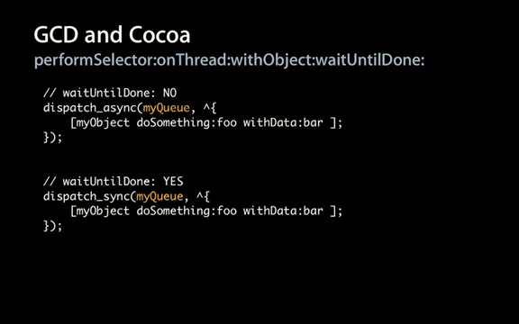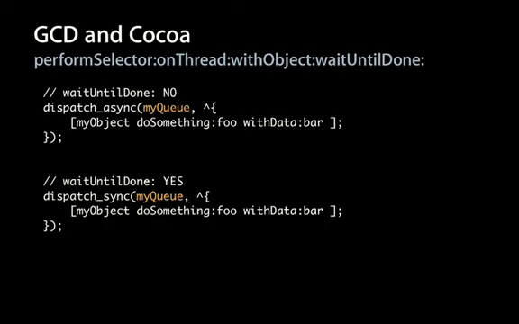So in the past, you likely had to define your own selector to work in combination with perform selector, and you probably had to take multiple arguments and put them all into an NSDictionary, and then in your selector, grab that NSDictionary and extract all the keys, a lot of boilerplate stuff. Now you can do that all in the block, because the block captures all of the local variables. You can call any sequence of selectors you want.